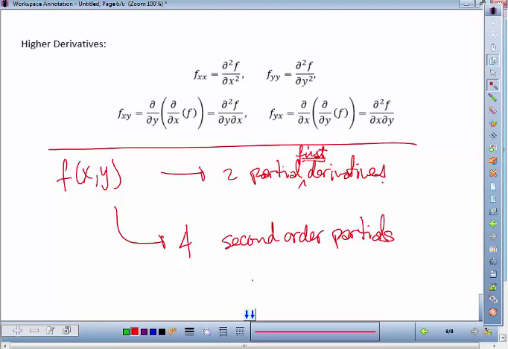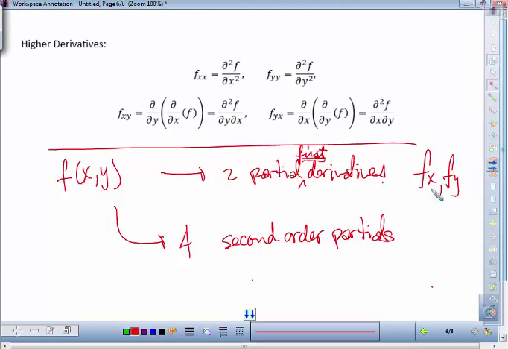Because the second derivative is the derivative of the first derivative, right? So we have two first derivatives, fx and fy. And now, if we want the second derivative, we would need to take the derivative of one or both of them, and then we have two variables.